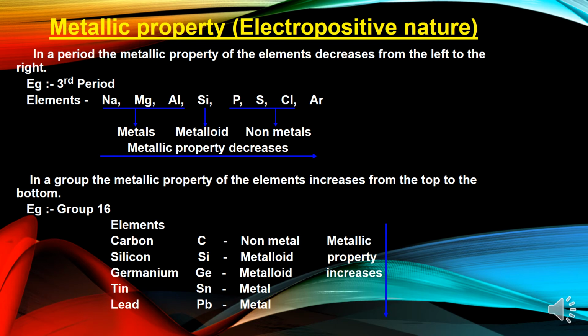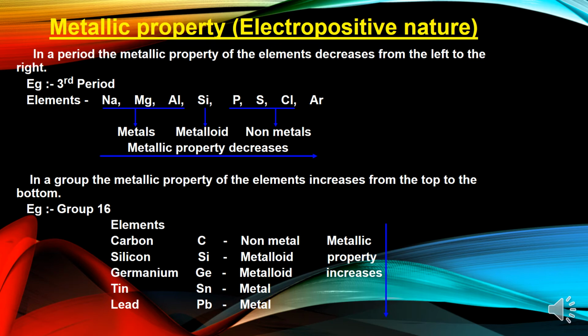The outermost shell electrons maintain a certain distance, and this distance gradually increases as we move down. Why? Because one shell keeps being added. So we can conclude that in a group the metallic property increases, and from left to right in a period the metallic property decreases.